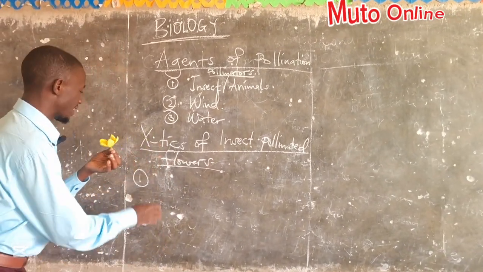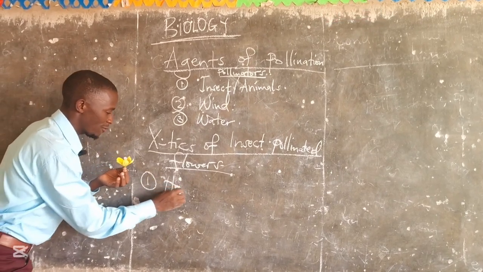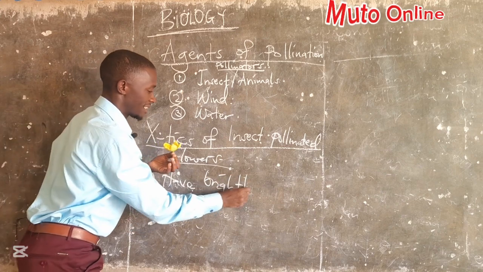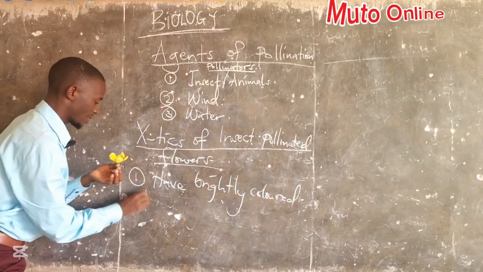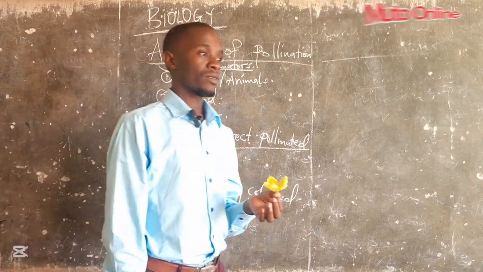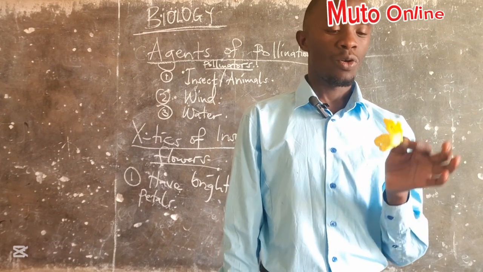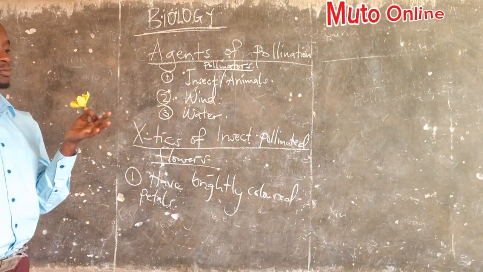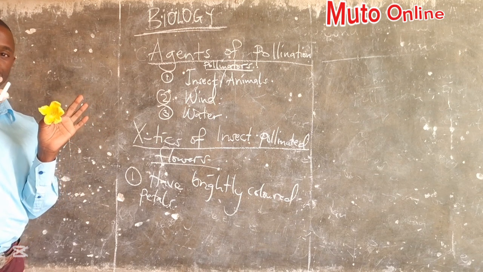So all insect pollinated or animal pollinated flowers have brightly colored petals. For any flower to be seen easily by insects, these petals must be brightly colored.